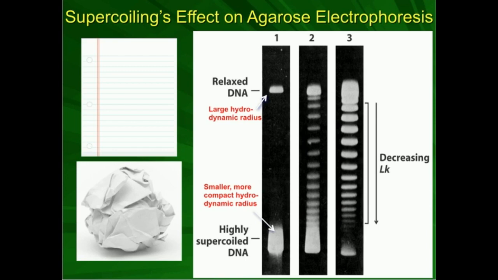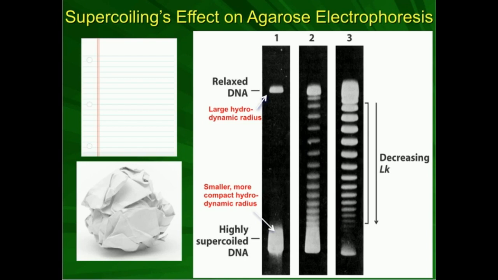And we hopefully know by now that the variation in their supercoiling can be altered by topoisomerases. The point is, if you have different levels of supercoiling, then that DNA strand of the same size will migrate a different distance through the medium, which in this case is agarose.